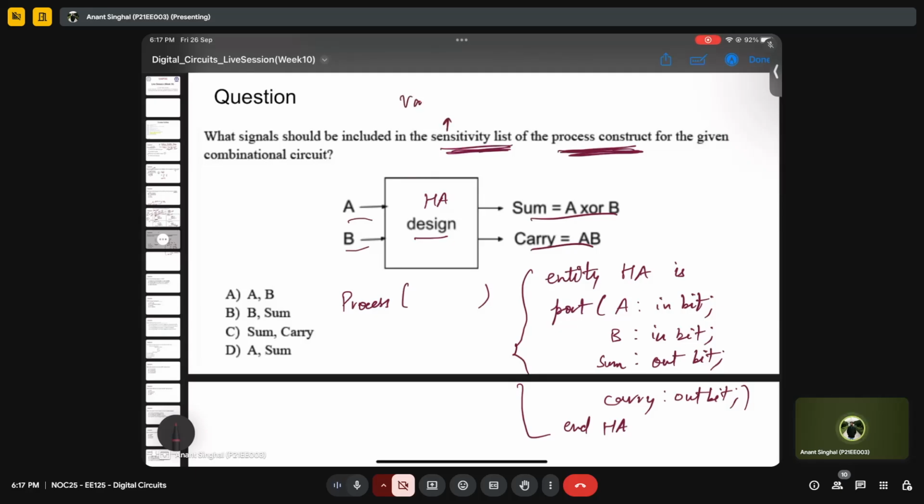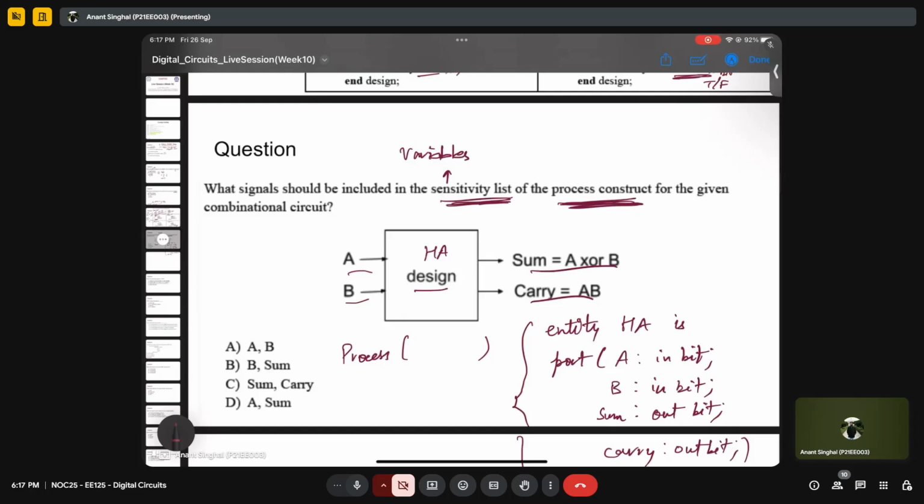It means the variables which are either used in comparison statements, I'll give you an example that will help you, or are at the RHS, right hand side, of assignment statements.